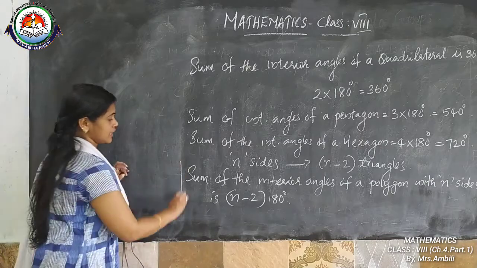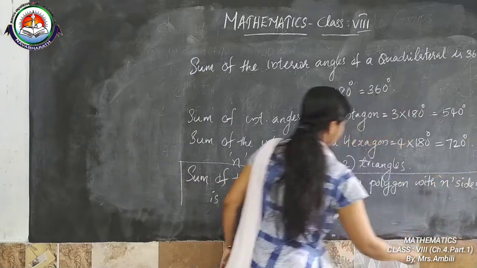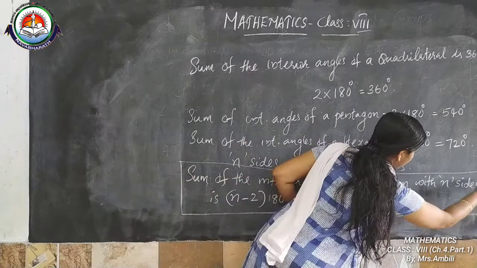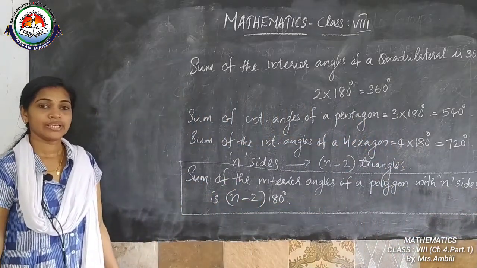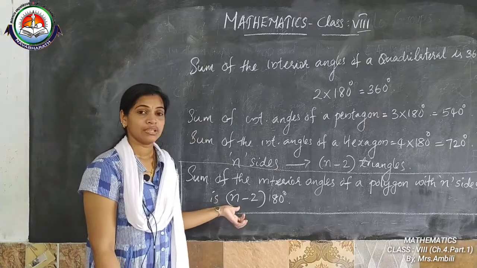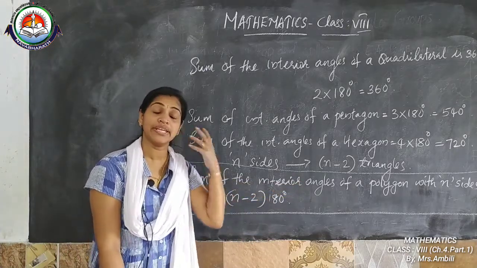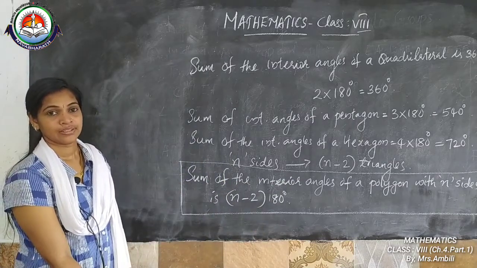Okay, that is, the sum of the interior angles of a polygon with n sides is given by n minus 2 into 180 degrees. By using this we can find out the sum of the interior angles of any polygon. Okay, clear?